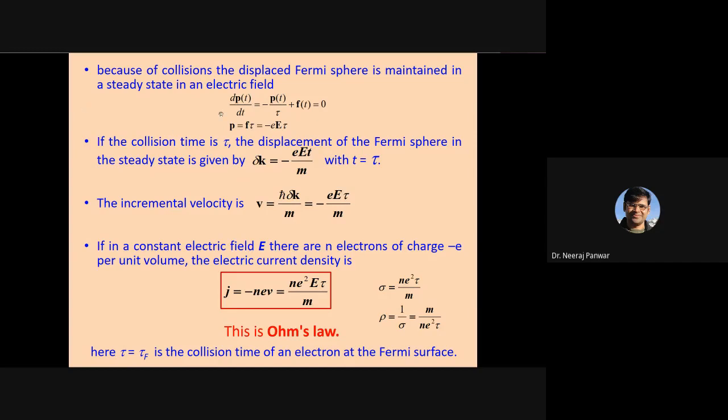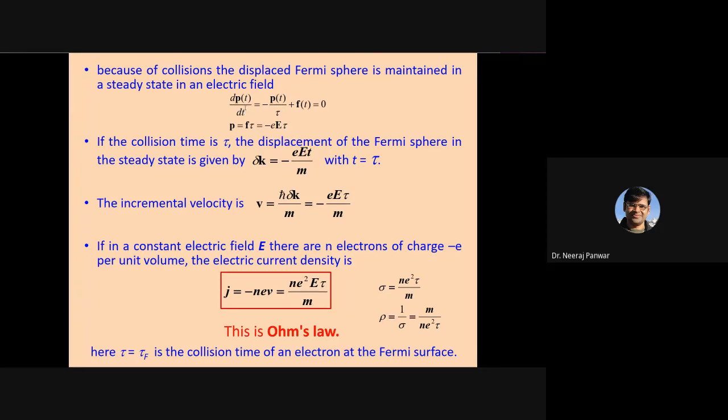We have already seen this equation: del P at time t divided by del t is equal to minus P, the momentum of the electron at time t, divided by tau, plus the external force at time t, is equal to 0 under this steady state condition, when the collision that is decelerating the electron and the applied electric field that is accelerating the electron balance. So we will achieve the steady state.